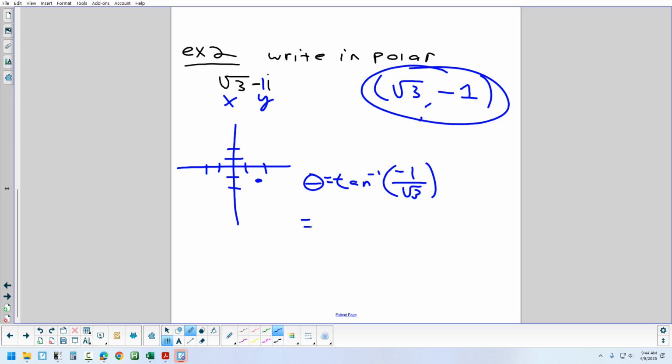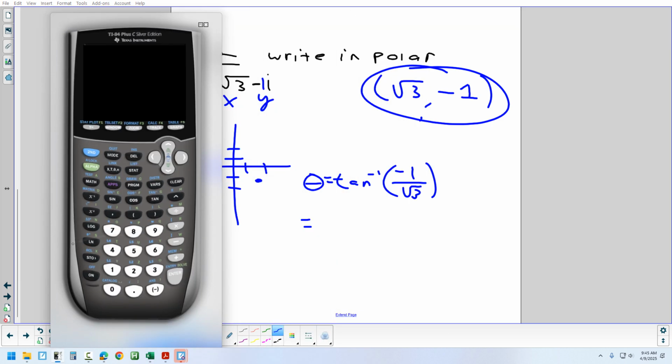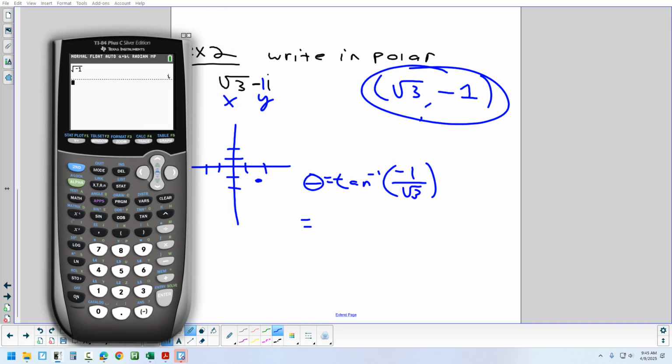Okay, so let's get our angle. And let's do it in degrees. So I'm in radians, I don't want radians. So second inverse tangent, negative 1 over square root 3. Second inverse tangent, negative 1 divided by root 3. So that gives me an angle of negative 30.